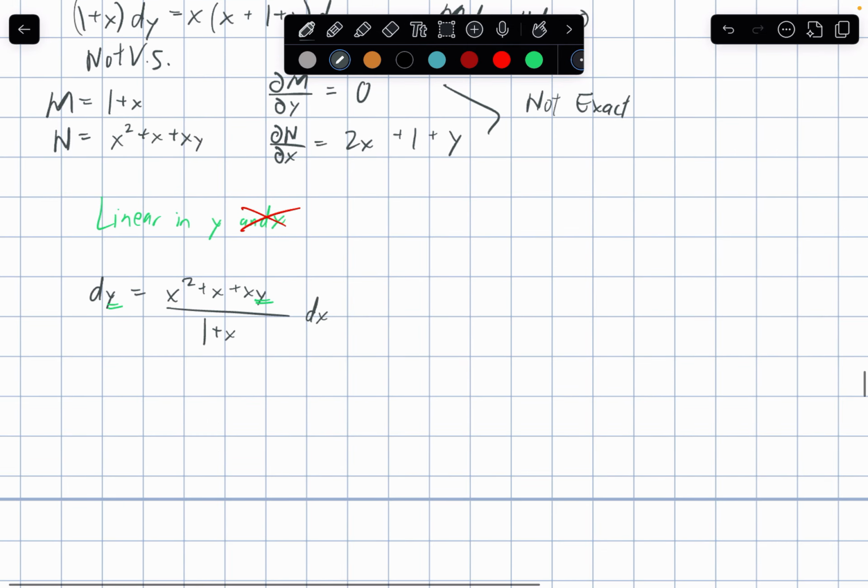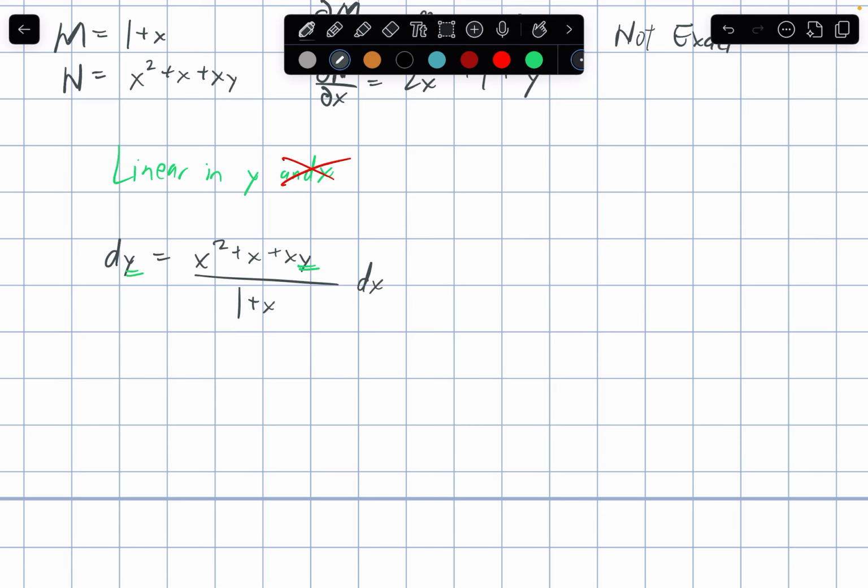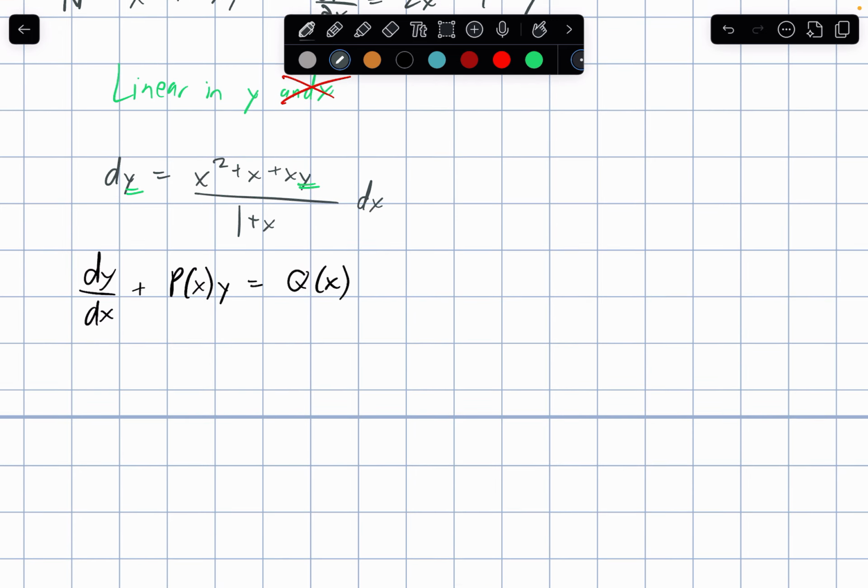Okay, so now that that's settled, let's convert what we have right now into the standard form of a linear first order differential equation. That is dy over dx, in other words y prime, plus p of x times y equal to q of x. Let's see. First things first, we bring back dx to the left side.